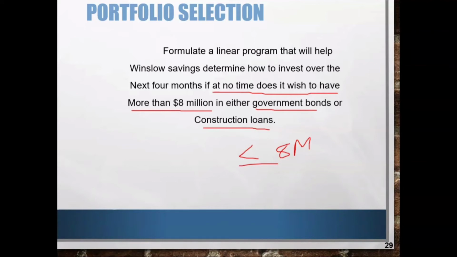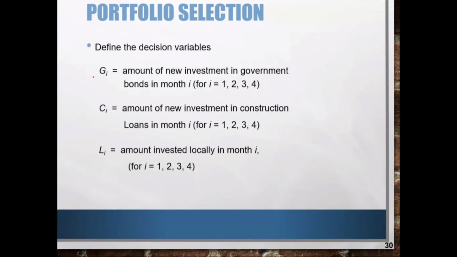Next, we need to define our decision variables. So here we have G sub I, which stands for the amount of new investment in government bonds in month I. Let's also add that I is at the beginning of each month.